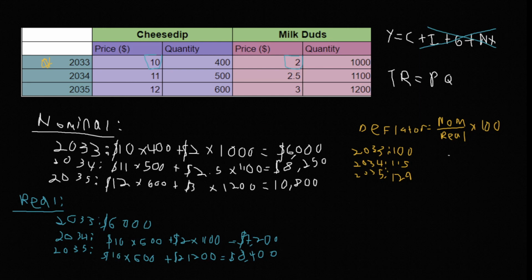So now I'm going to quickly go over the inflation rate, and then we can maybe do a practice problem on this. So the inflation rate, we're going to calculate the inflation rate for our real GDP here.